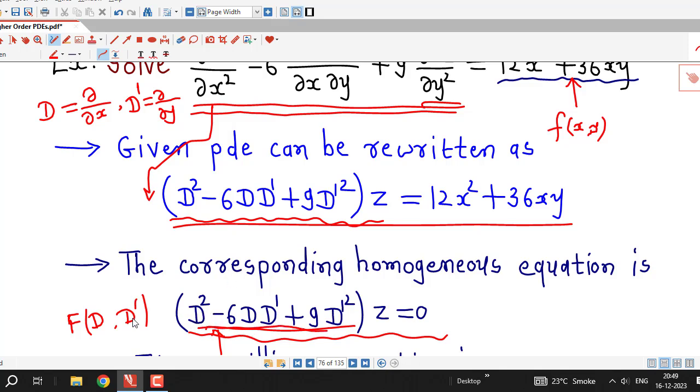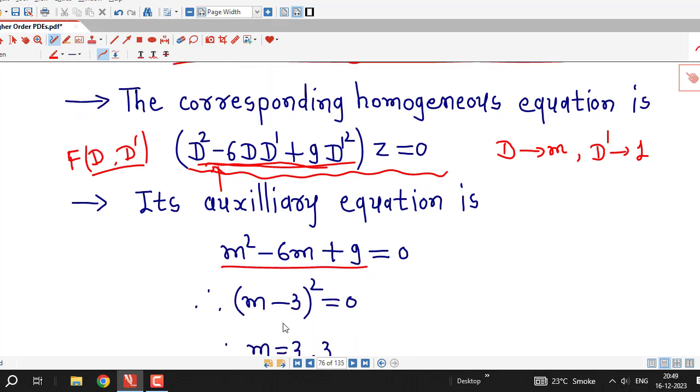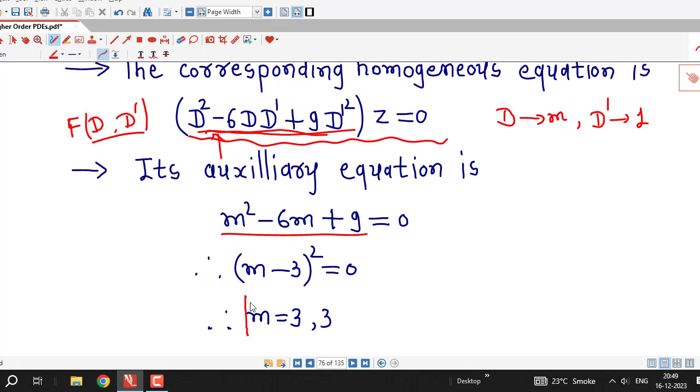So if this F of D, D dash is homogeneous, then we write down the auxiliary equation, and for that we replace D by m and D dash by 1 in F of D, D dash and equate it to 0. The auxiliary equation will be m square minus 6m plus 9 equal to 0, which is nothing but the square of m minus 3. Therefore I obtain repeated roots, that is, the solution of the auxiliary equation is 3, 3.